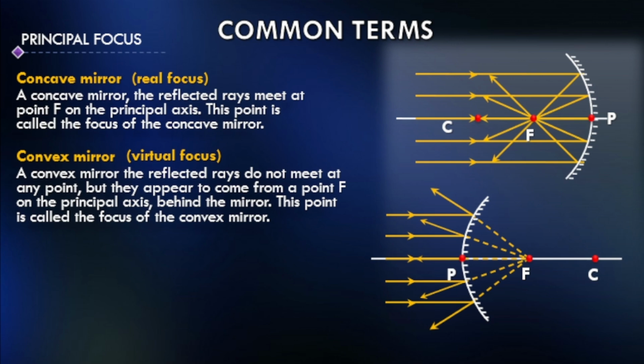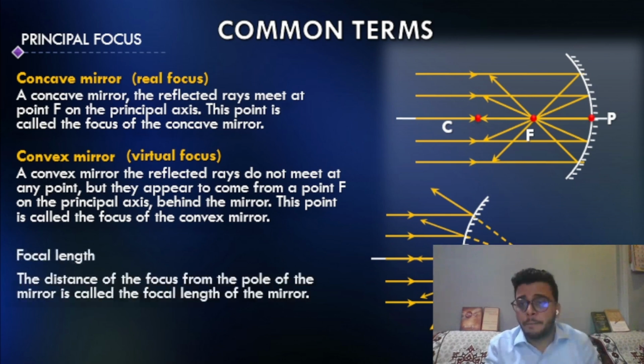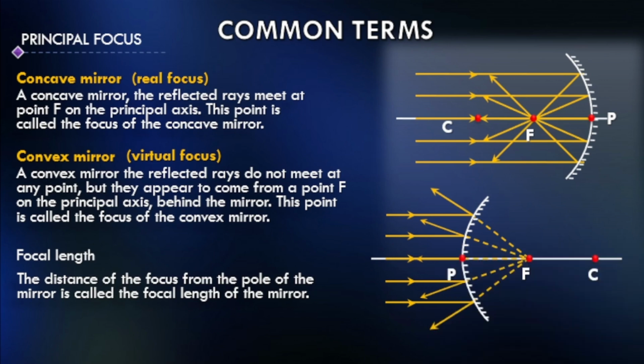Now, next, and the very important point which we'll be using in the numericals also, is focal length. So, the distance between the pole and the focus, matlab the distance between P and F. The distance between P and F is known as focal length.